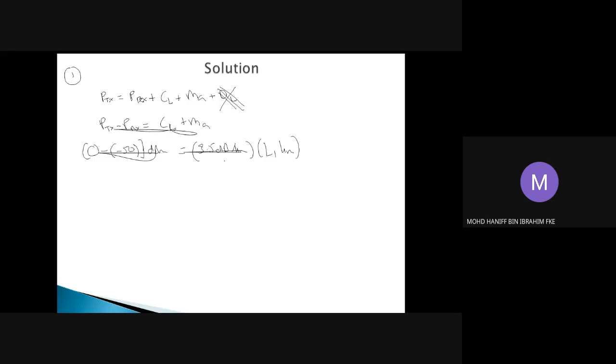Plus the loss induced by the connectors, which is 1 dB per connector. Since we have 2 connectors, we multiply by 2. Why 2? Because we have 2 connectors, one for input and one for output.